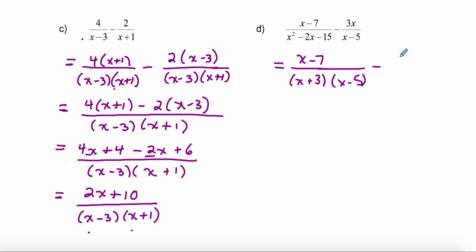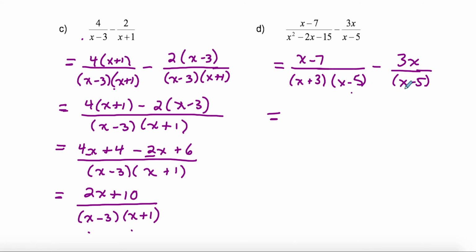And then I just have 3x over x minus 5. Okay, why did we do that? So as always, we factor first. If you see any factoring that needs to be done, you always factor first, whether you're multiplying, dividing, adding, or subtracting. So I always want to factor first because it helps me see what kind of common denominator I need.